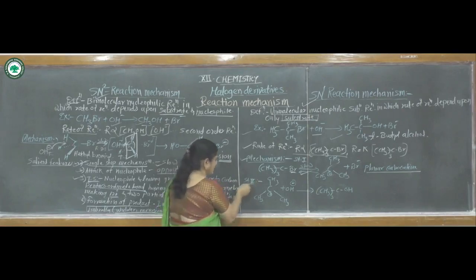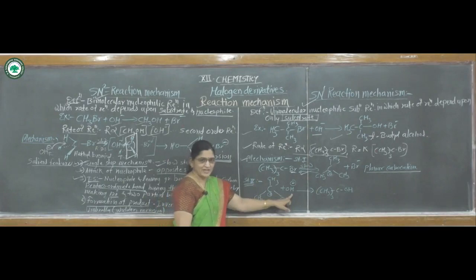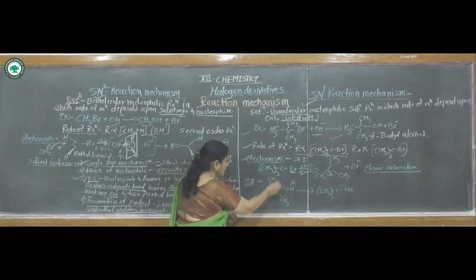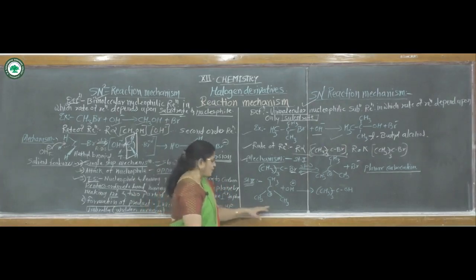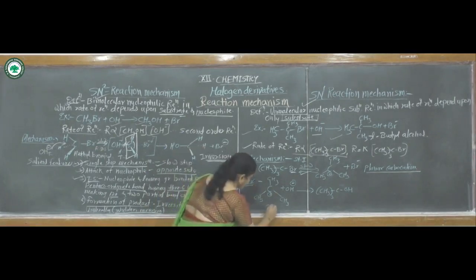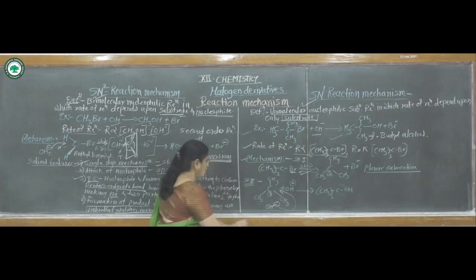Then the second step. In the second step, attack of the nucleophile takes place on this planar carbocation from either side of the carbocation, from the front side or from the back side. This OH minus ion attacks either at the front side or at the back side.